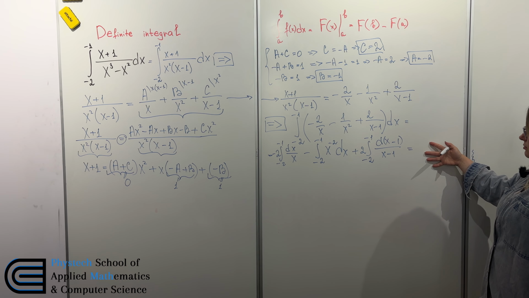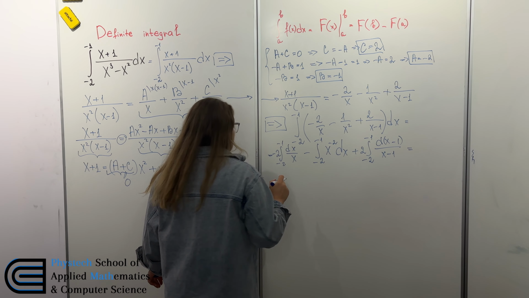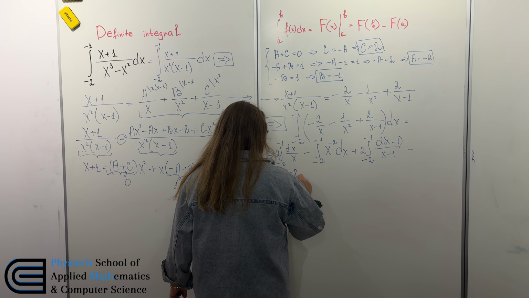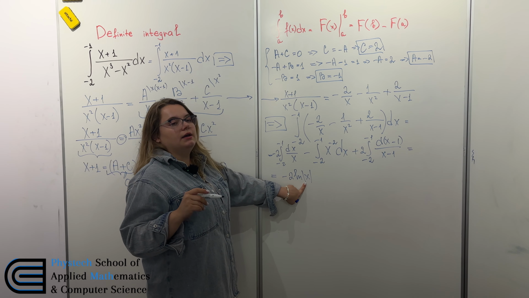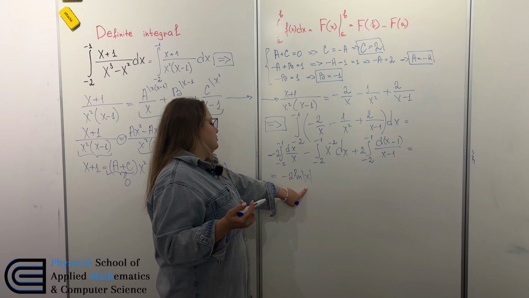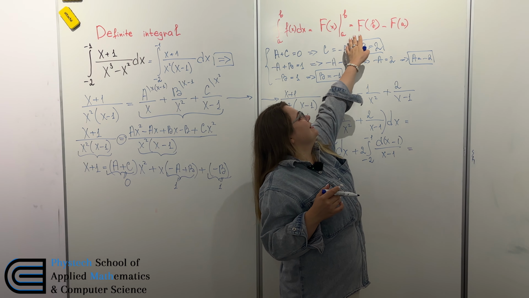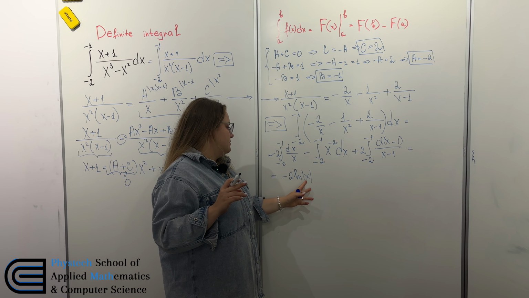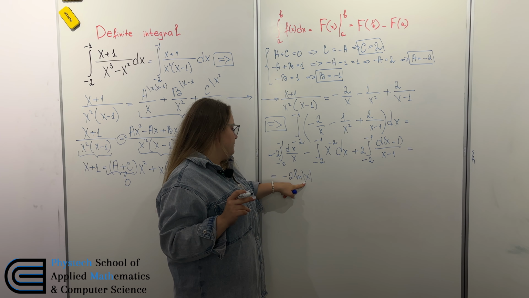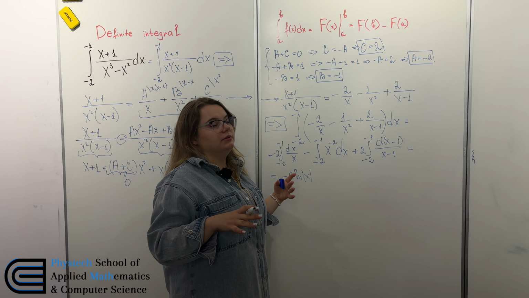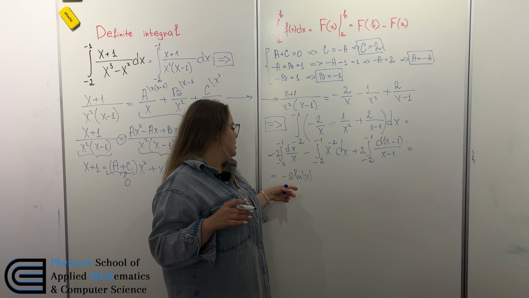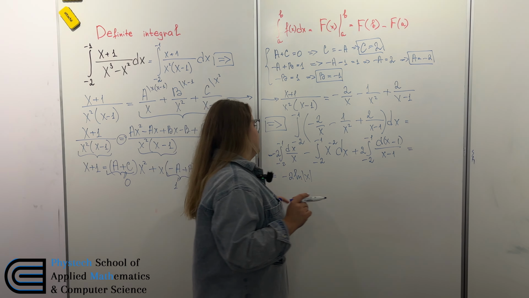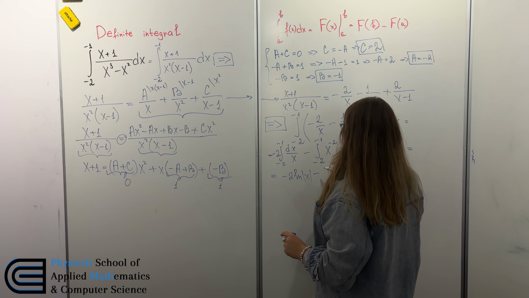So now we can calculate these integrals. We will obtain -2 logarithm of absolute value of x. It's important that it is absolute value, because when we use this formula, if we miss the absolute value and write only x, we will obtain the logarithm of a negative value, which is impossible. So it's important. Then minus.